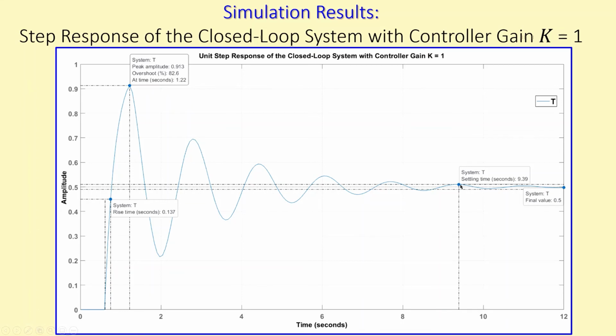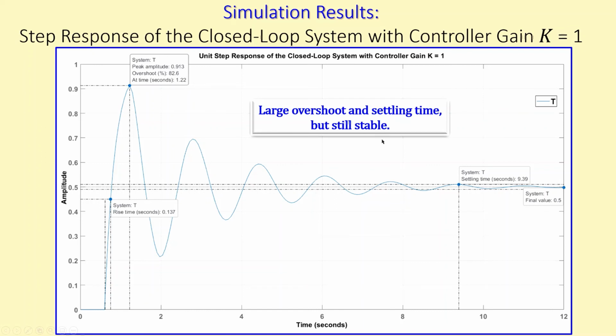There is also a settling time of 9.4 seconds. That means this system is of course stable, but it has a large overshoot and a quite large settling time. It is still stable, so it is not a problem in terms of stability.